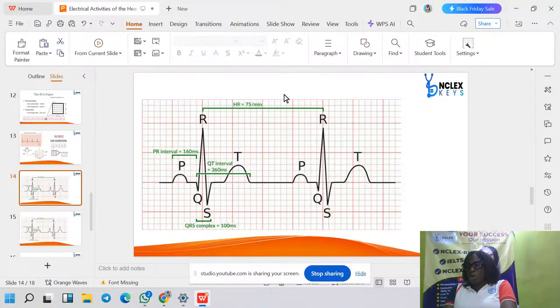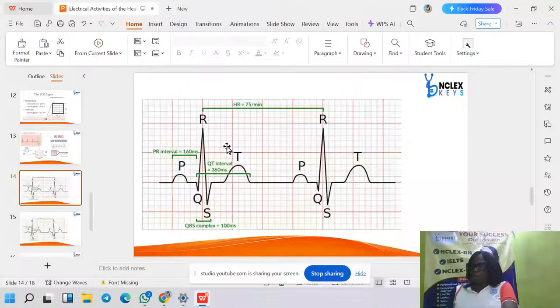That is the small boxes method. Count the number of small boxes and divide it.